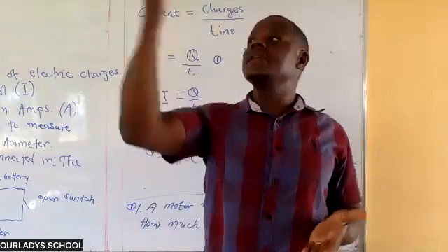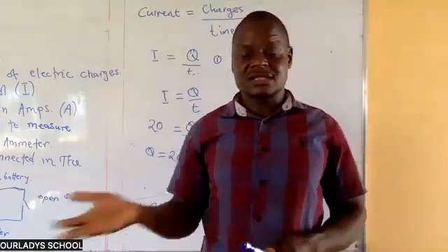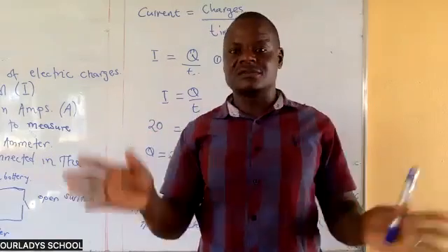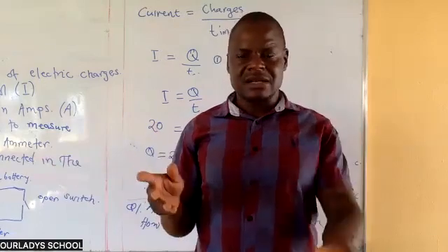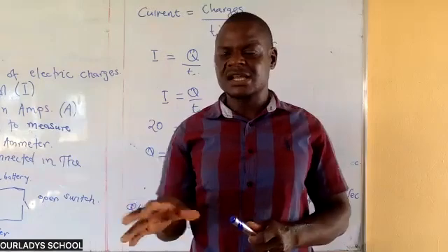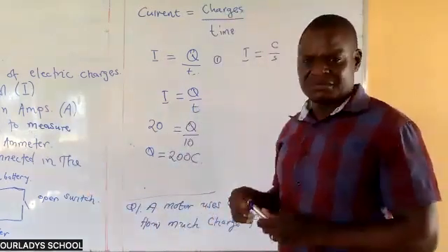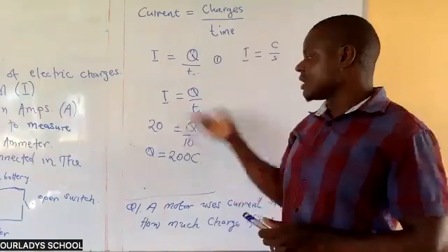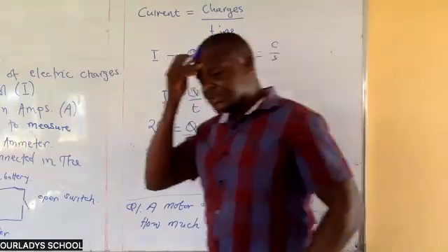Some bulbs are rated 18 watts, others 200 watts, spotlights, most of the bright ones, 200 watts, 150. There are even those rated 500, 400 watts. So how many coulombs of charge pass through them the entire night? That's why we report a lot of electrical consumption in our homes.